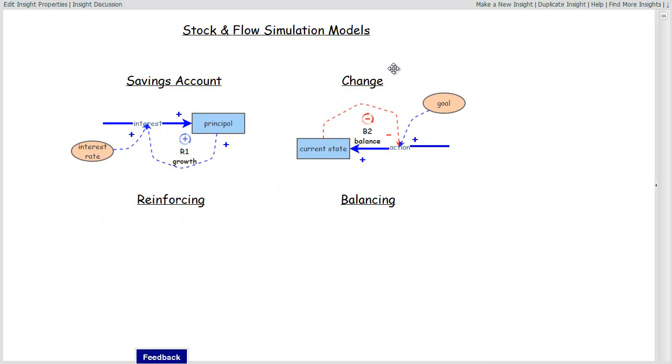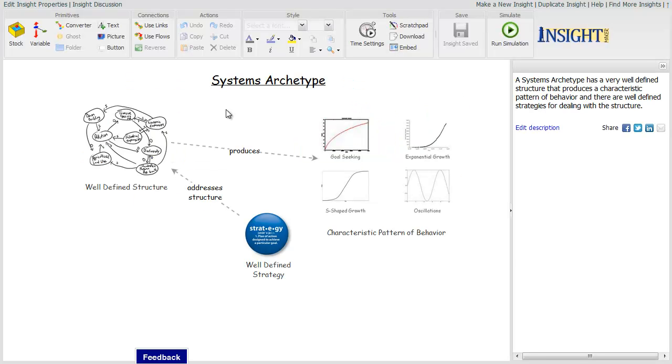So these two structures, whether they're in a causal loop form or a stock and flow form, are considered fundamental structures which we refer to as archetypes. An archetype is a well-defined structure that produces a characteristic pattern of behavior, and there are well-defined strategies for dealing with archetypes.